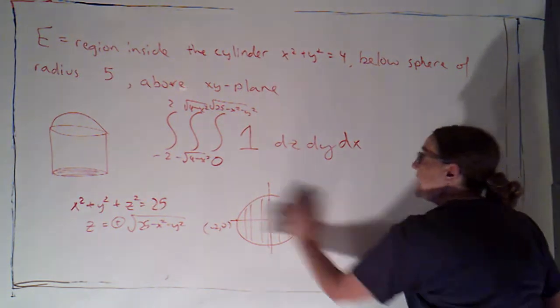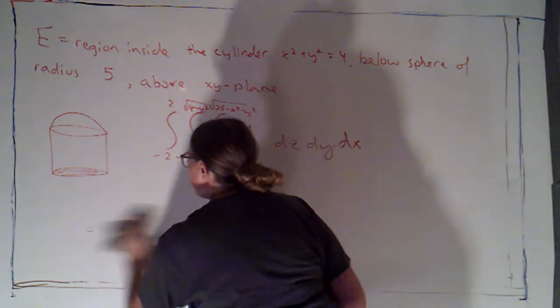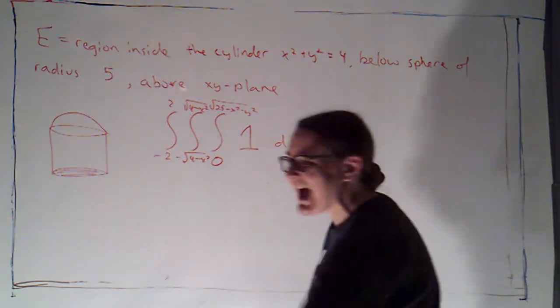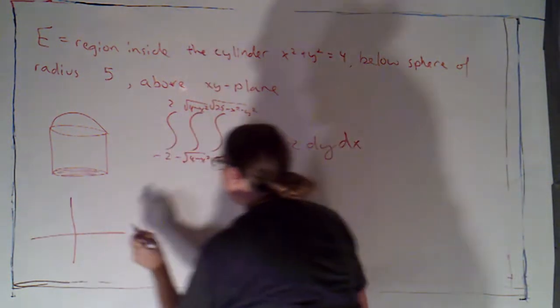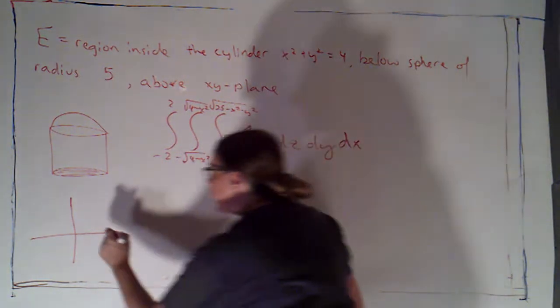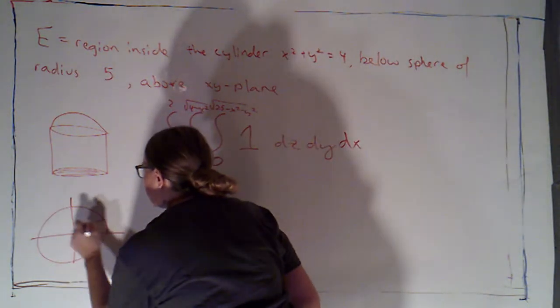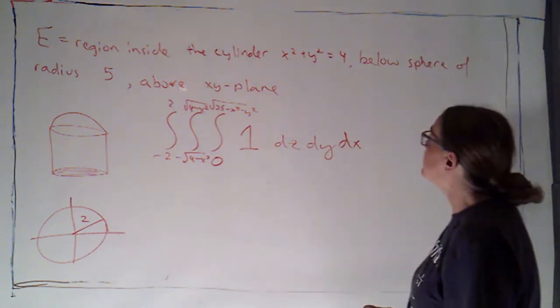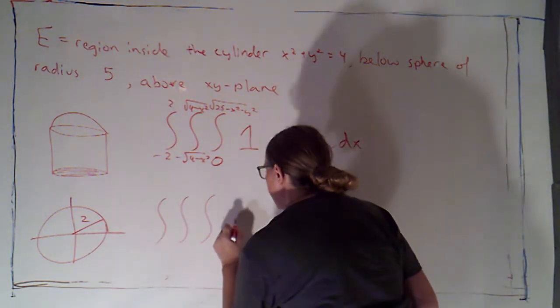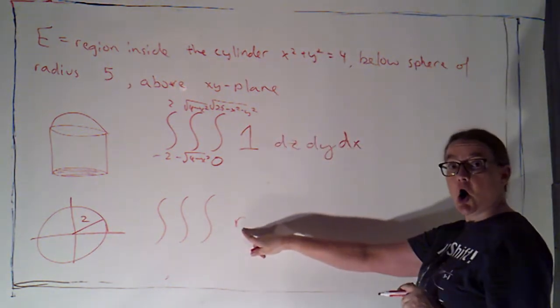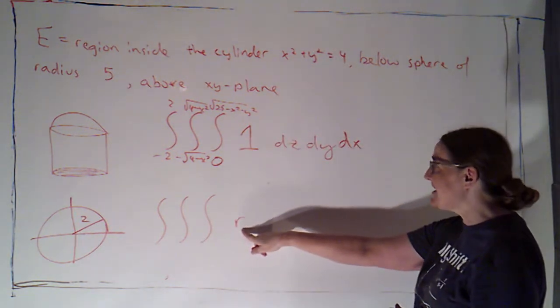All right, again, if I want to set this up now in terms of cylindrical coordinates, I've already done a lot of the work, because I figured out the bottom and the top, and I figured out what D is, which is just this disk of radius 2. Okay. So in cylindrical coordinates, I want to remember that I'm going to get an extra factor of r that's part of that dV.